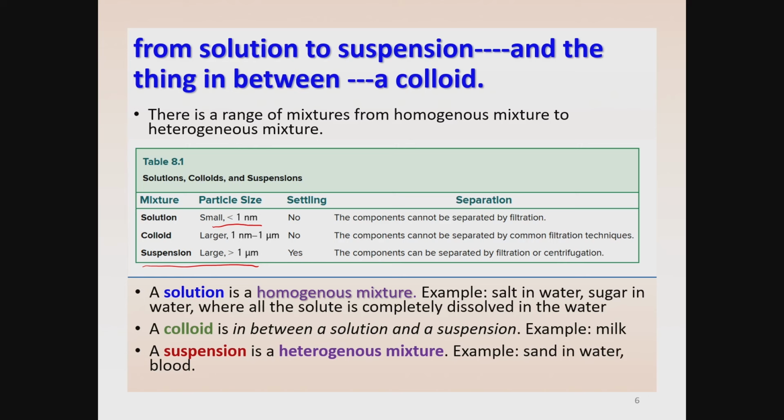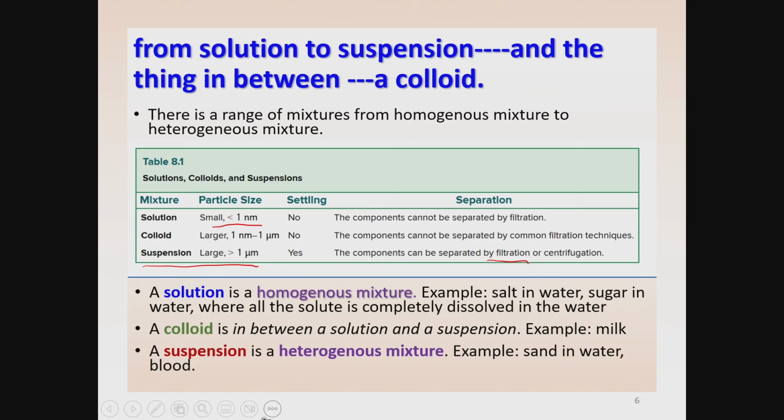And if they can't dissolve into the water, then gravity can work on them and pull them down. Now, when you have a suspension, imagine, say, sand and water, which is, again, a heterogeneous mixture. Yes, you can separate the components of the suspension by filtration. And also, you might be able to separate the components by centrifugation.